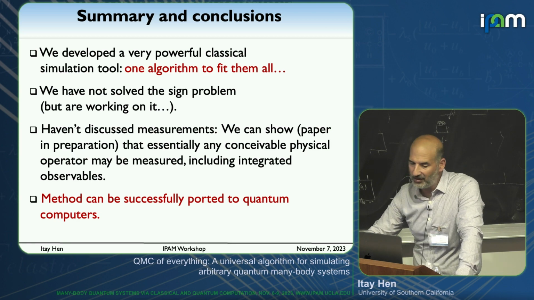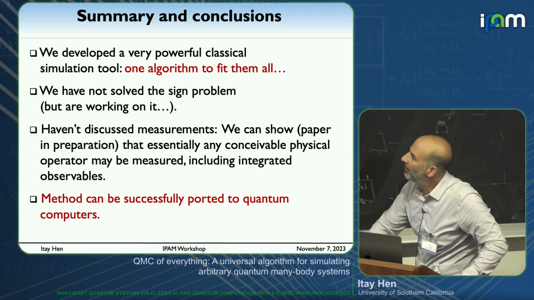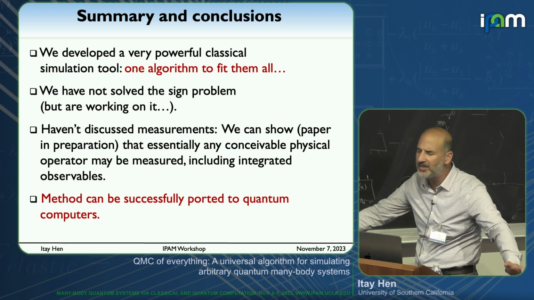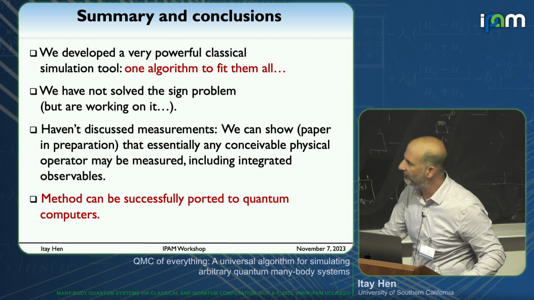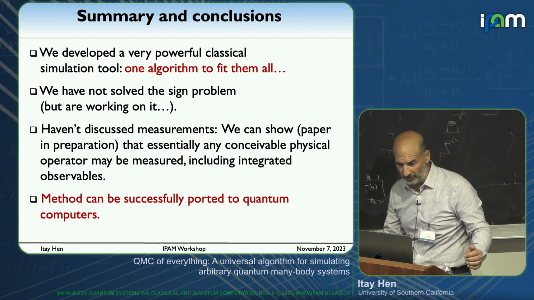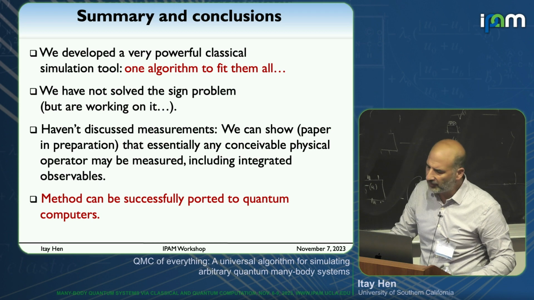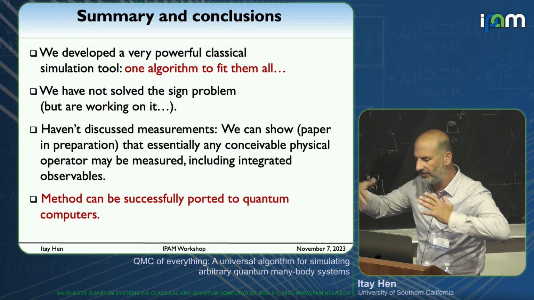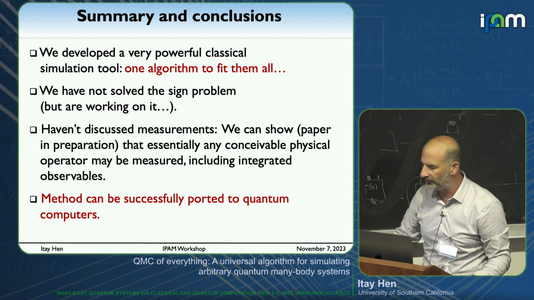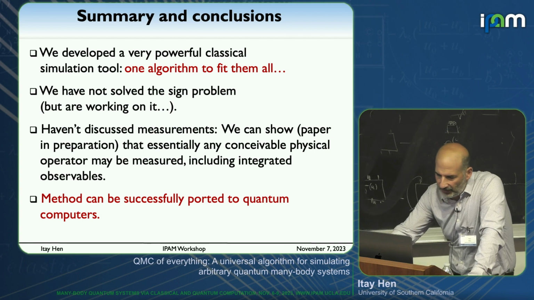I did not talk about measurements, but we have a paper in preparation that shows that basically using the same methods you can essentially measure any conceivable physical operator, including integrated observables and fidelity susceptibility and Renyi entropy, whatever you choose, we can do it.